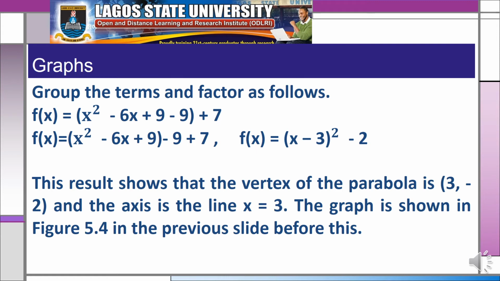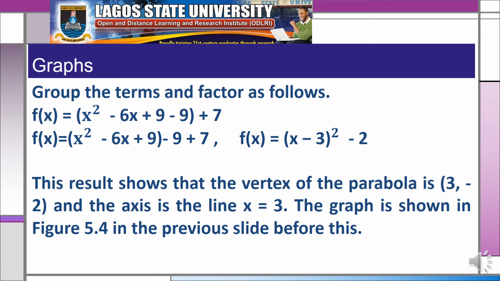Group the terms and factor as follows: x squared minus 6x plus 9, minus 9, plus 7. This will now give us the function in the parentheses, a square function.